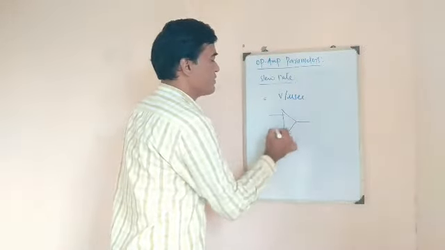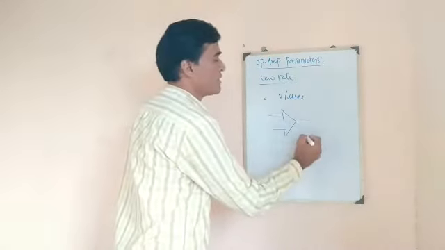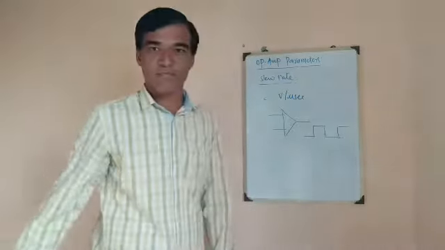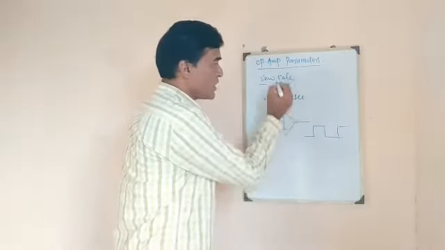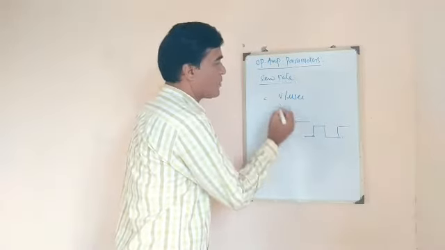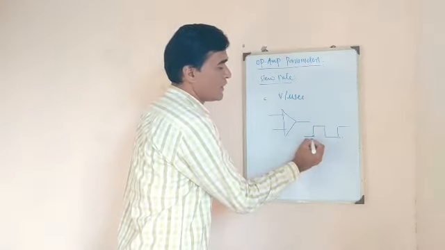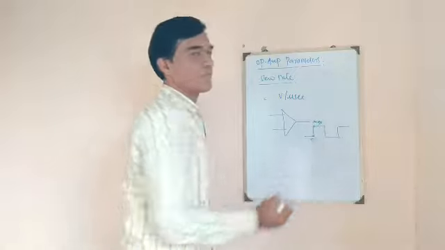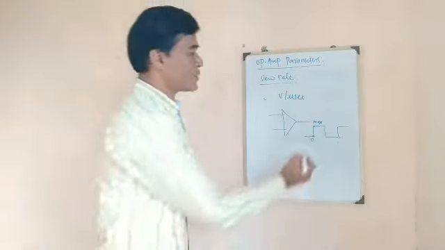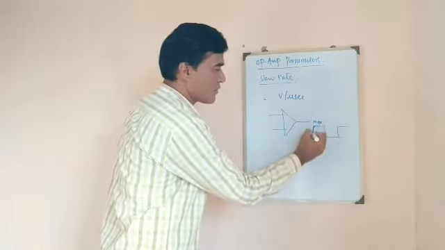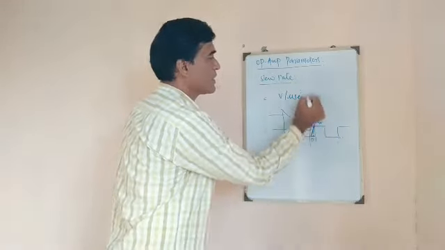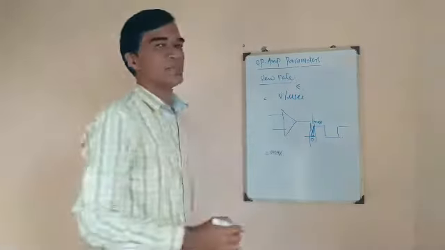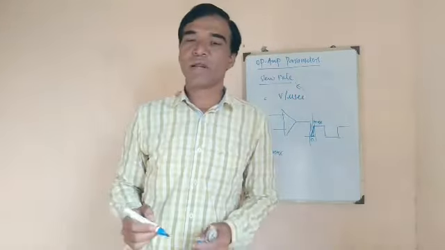Let us assume again the op-amp. Suppose we apply some input and the expected output is something square. The slew rate defines how fast the output changes from 0 to its maximum value, and the slope of this particular graph is nothing but the slew rate.